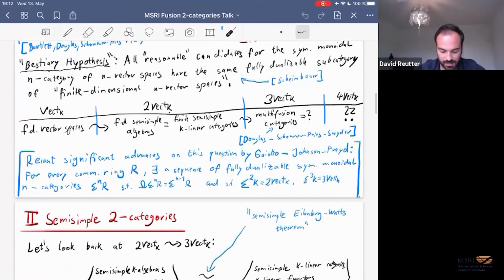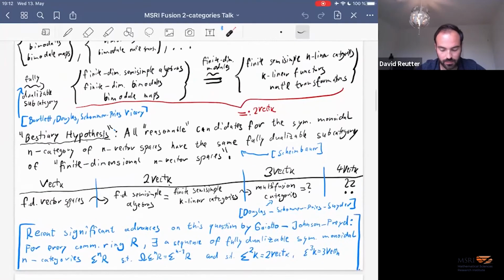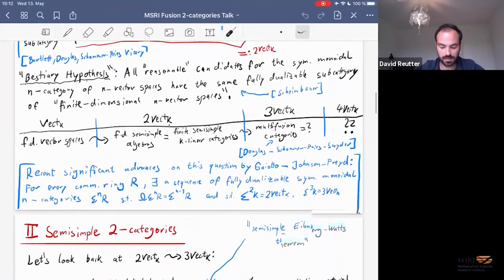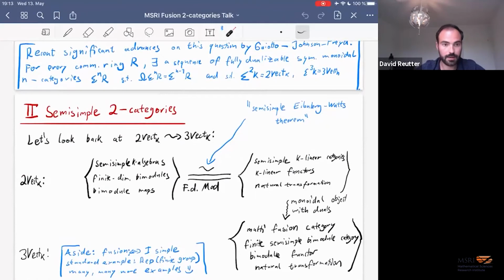So right, let's try to understand this categorification going from 2-vector spaces to 3-vector spaces a bit better. So let's look at this one here. How did the story go? Well, we convinced ourselves that the good notion of a finite dimensional 2-vector space is a semi-simple algebra, or equivalently a semi-simple K-linear category.